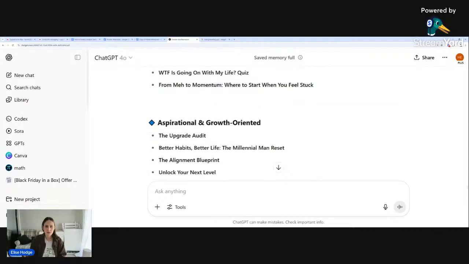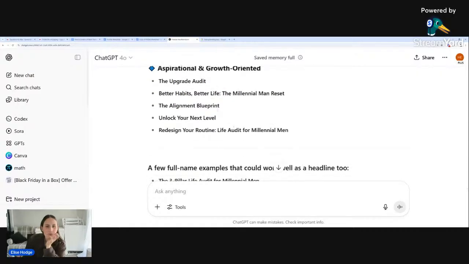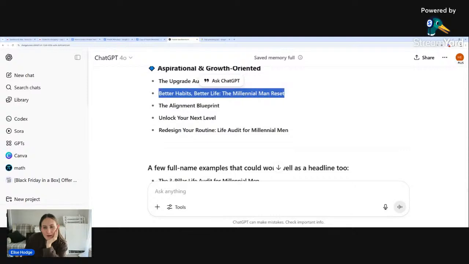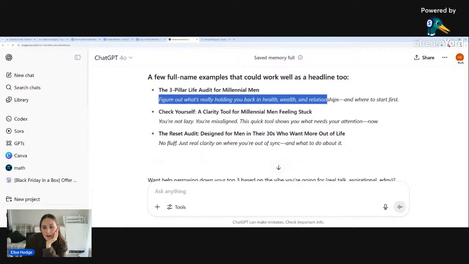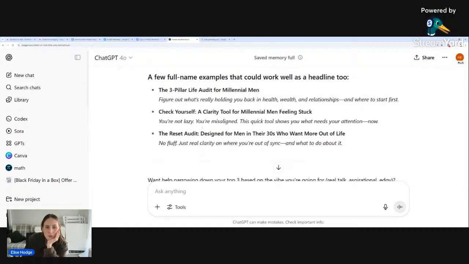This is awful. The millennial man reset is interesting, but I don't think that speaks to audit. I like this sort of, like, find out what's really holding you back and where to start first.